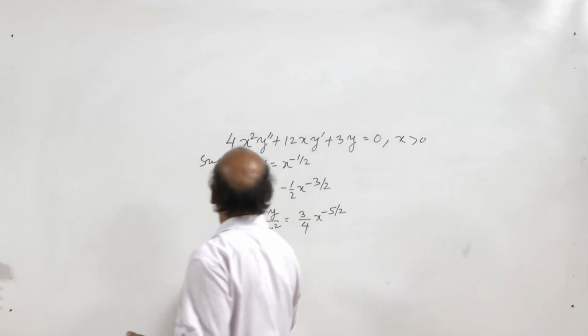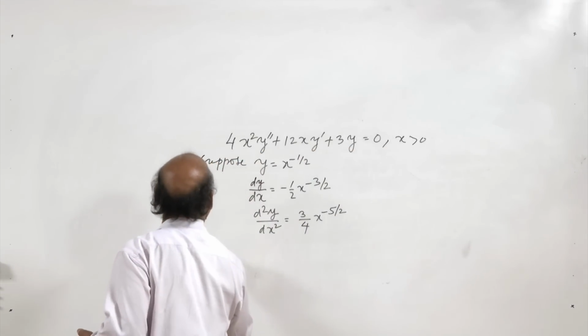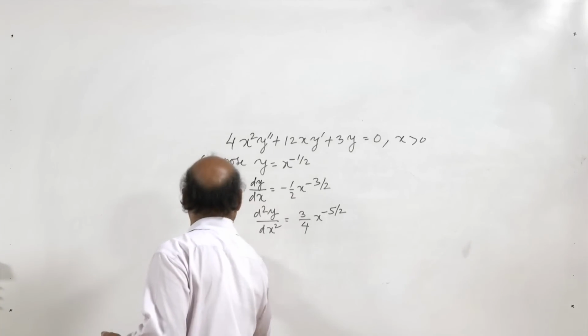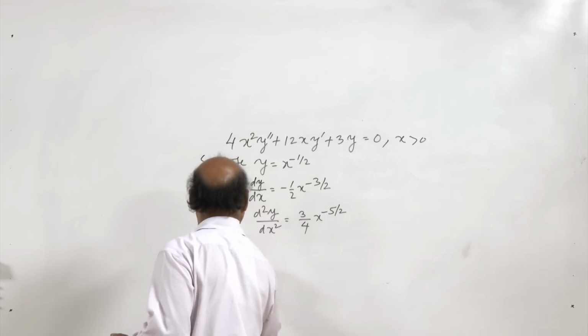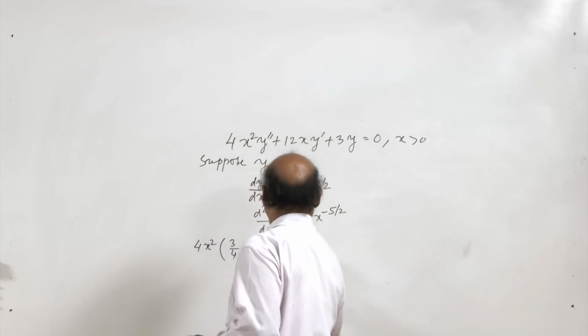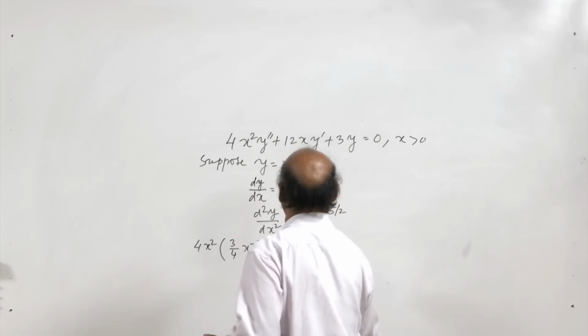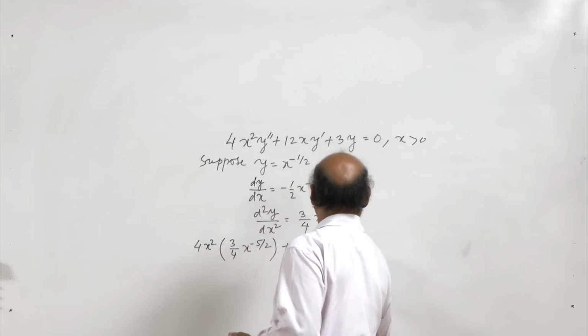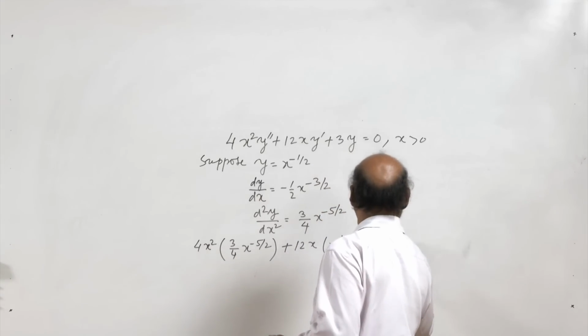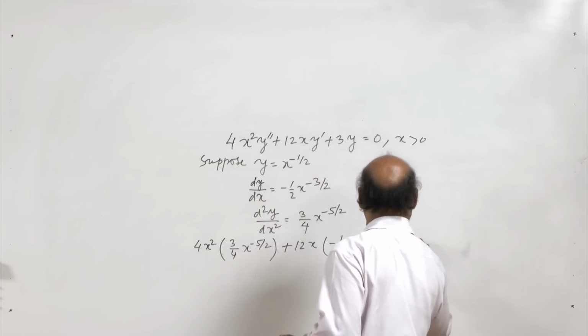Let us substitute these values of the derivatives in the given equation. So 4x square y double dash means 3 times 4 x to the power minus 5 by 2, plus 12x, then y dash is minus half x to the power minus 3 by 2, and then we have 3 x to the power minus half.